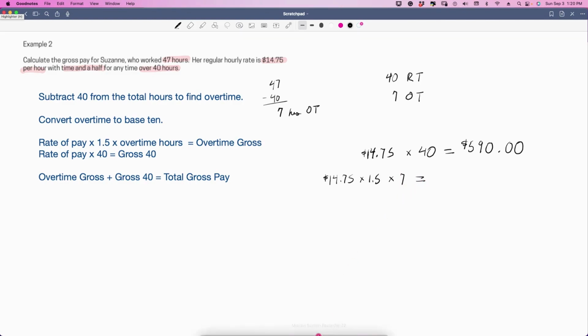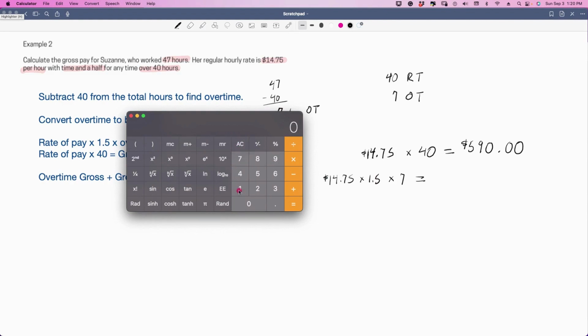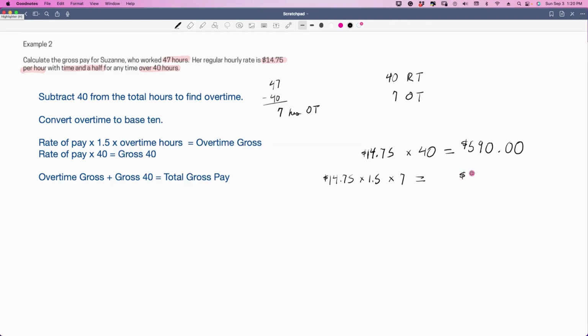And we do the calculation: $14.75 times 1.5 times 7 is $154.875. Remember, we round money to 2 places. Because this is a 5, we round that up to 88. So $154.88 is the amount of money that she got for overtime.